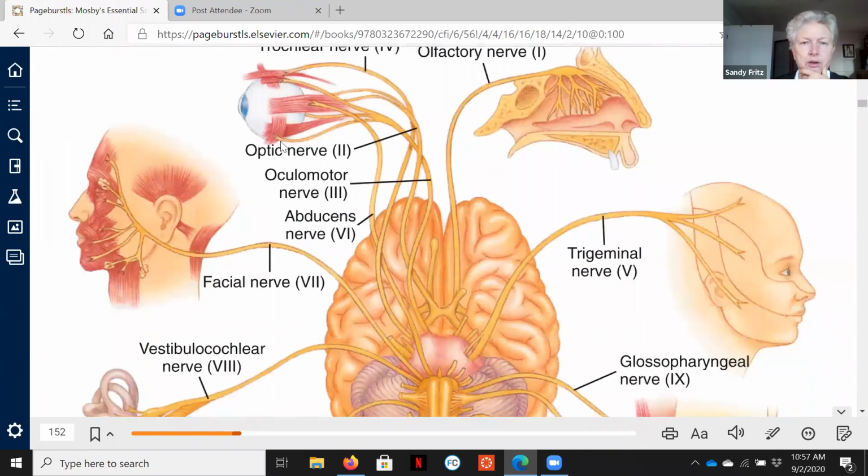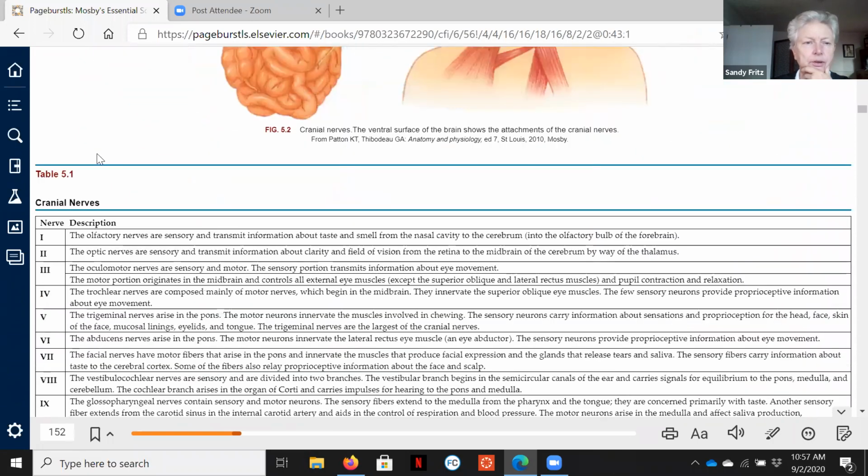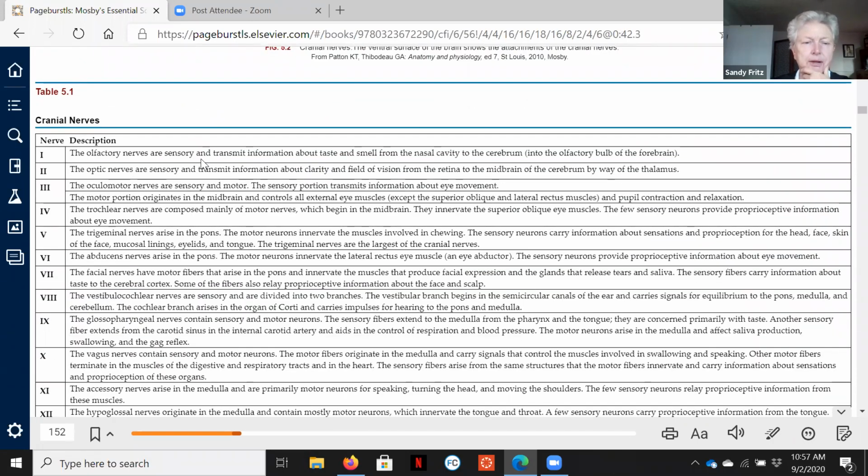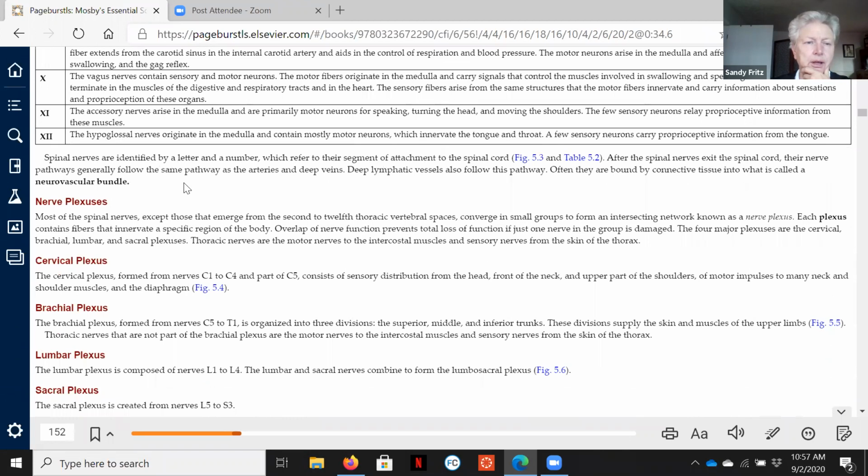So here are all your cranial nerves. They're described down through here. And then nerves come together. So they come out of the spinal column, the vertebrae, through their own little hole, but then they collect together to distribute the sensory and motor nerves out into the body. And there's some overlap there.